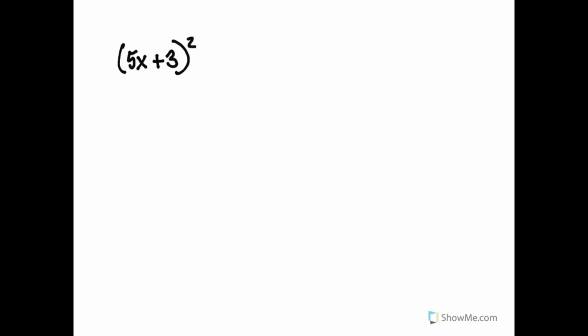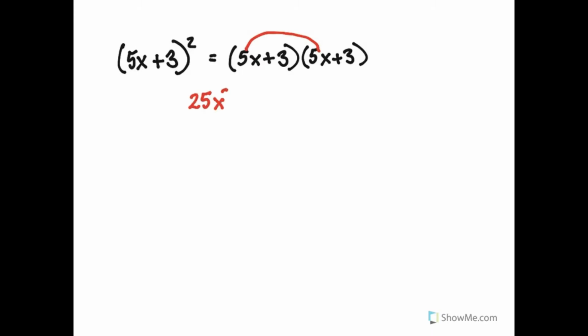If I square a binomial, it means to multiply it by itself. Exponents do not distribute over addition. So 5x plus 3 times 5x plus 3 gives me a first term that's the square of 5x, it's 25x squared. The last term is 3 times 3, so it's a perfect square too, plus 9. And the middle term?